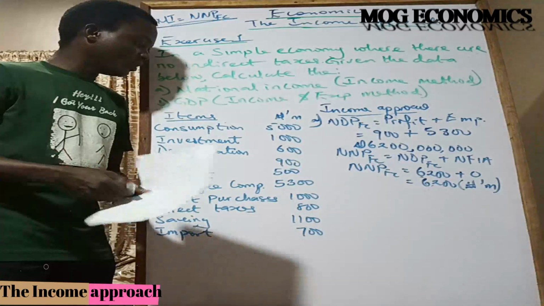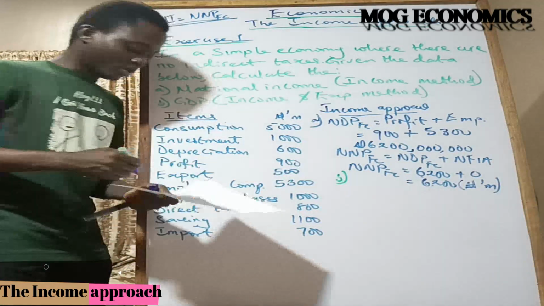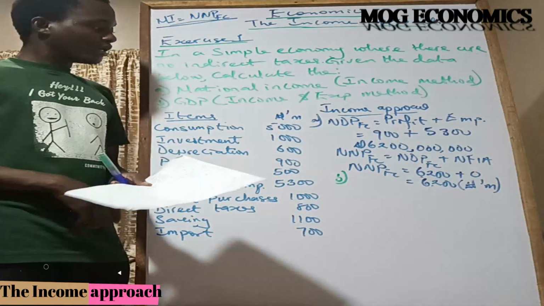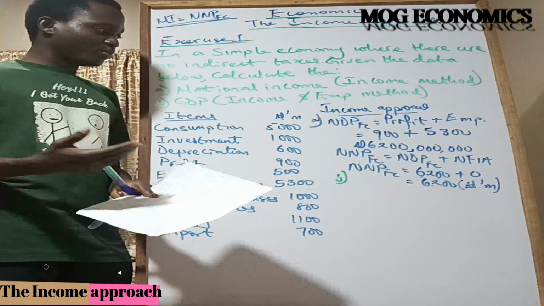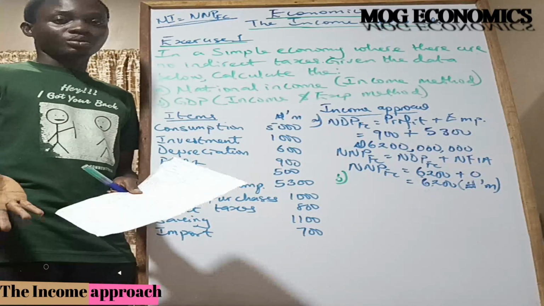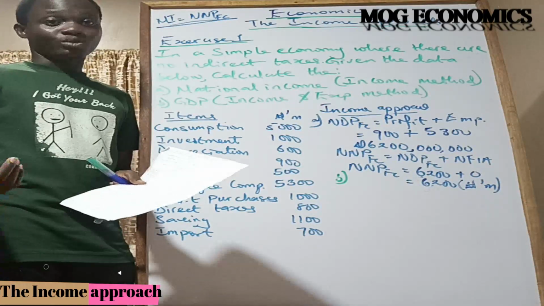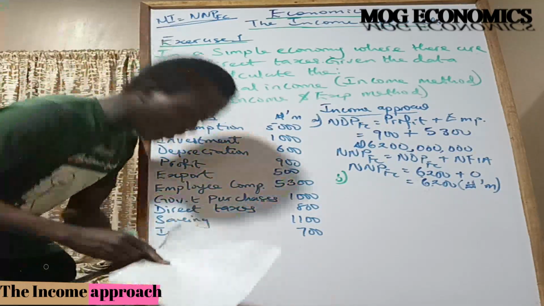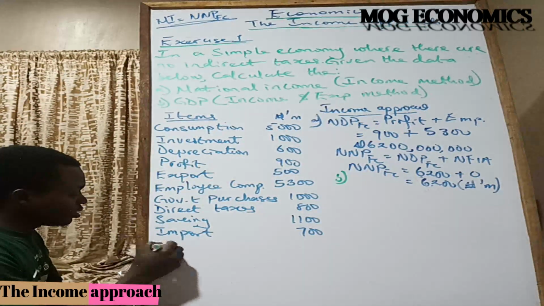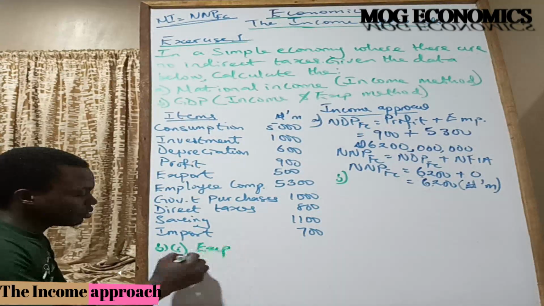For question B, it says we should calculate GDP using the income and expenditure approach. So how do you get GDP? I think the easiest way to get GDP is using the expenditure approach. So for B, let me call it B1, the expenditure approach.